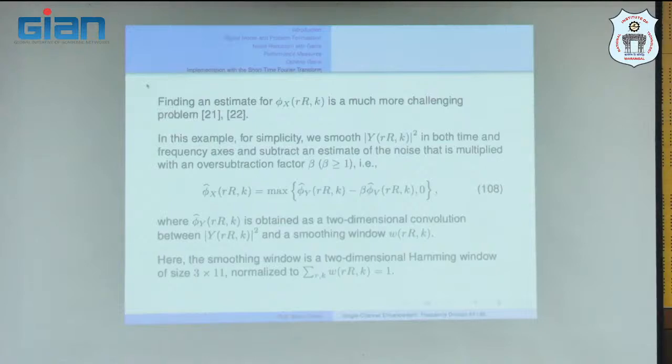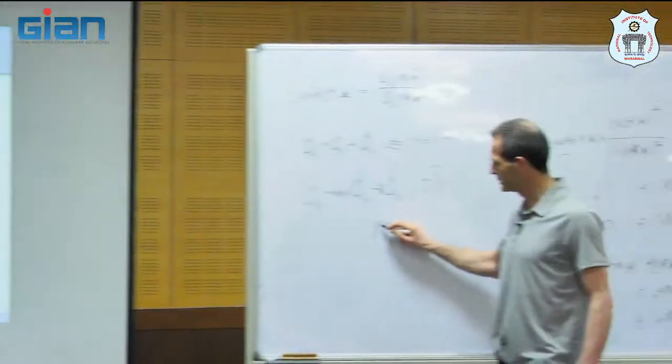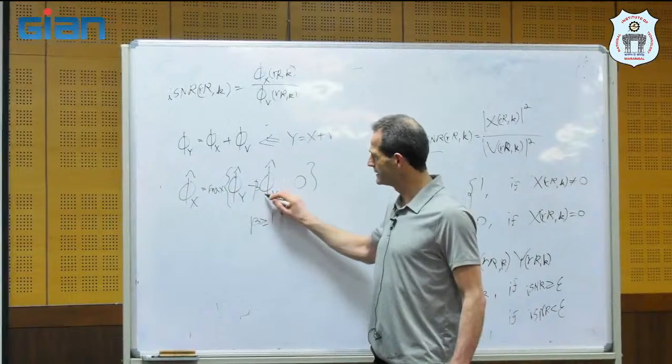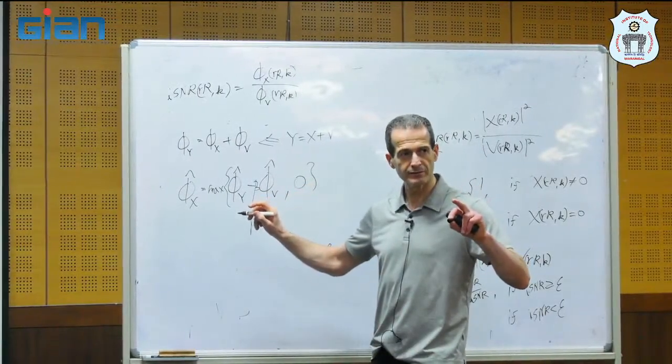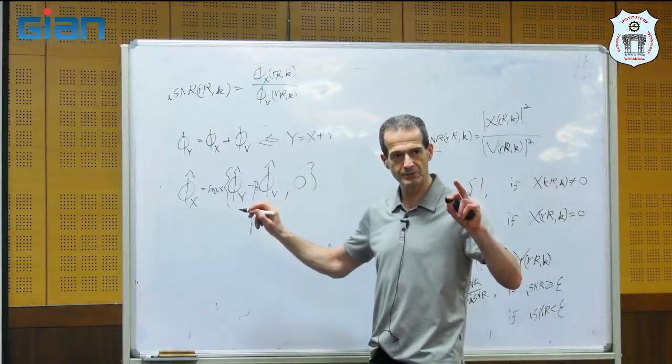And actually, for speech, we can put here a factor, beta, where beta is larger than 1. And the effect of beta, what will happen if we increase beta? It means that we put, remember mu for the trade-off? Remember mu? Good.